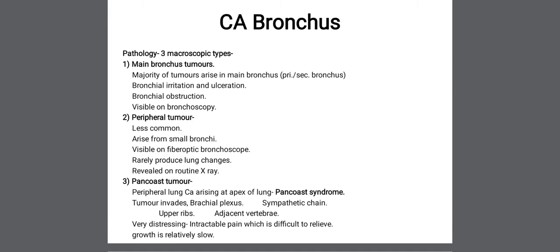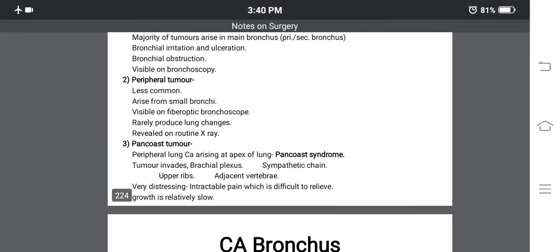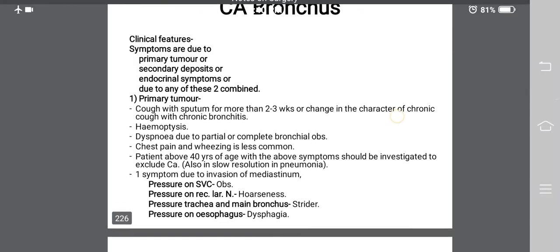First is main bronchus tumor. This tumor occurs in the main bronchus or one of its primary or secondary divisions. So the majority of these tumors arise in the main bronchus, that is, in its primary or secondary divisions.